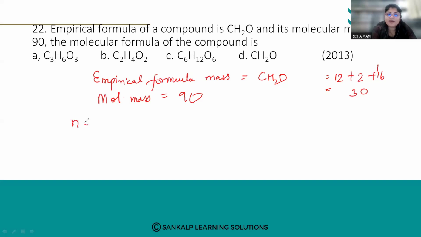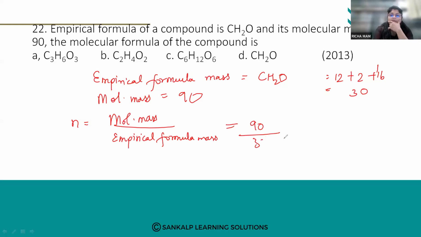Can we find out the number n? Yes, n is nothing but molecular mass divided by the empirical formula mass. So that is 90 by 30. It is 3.